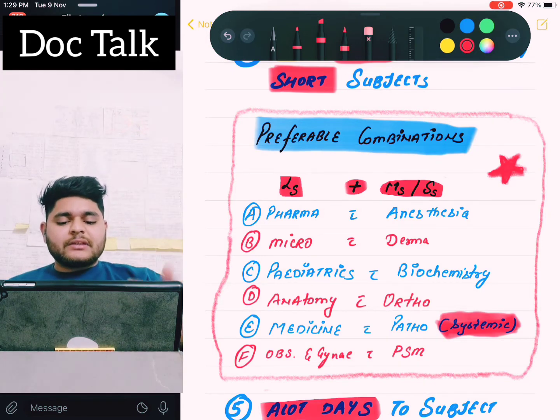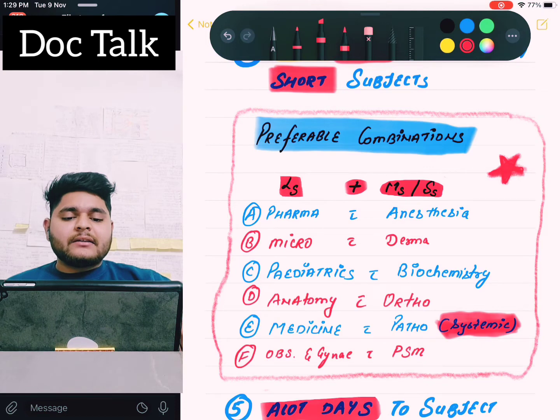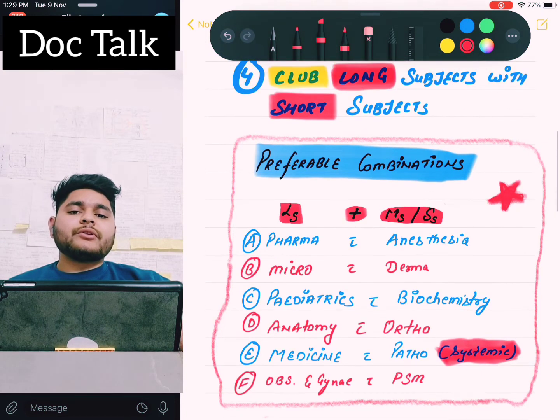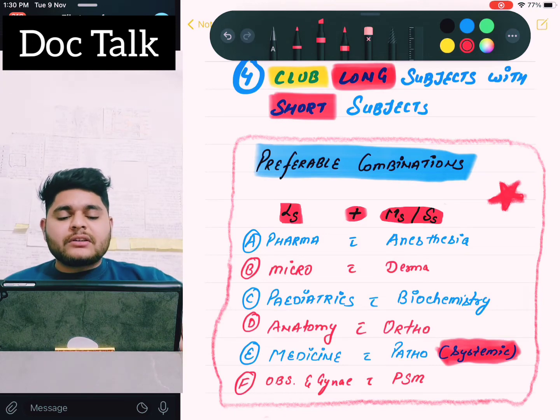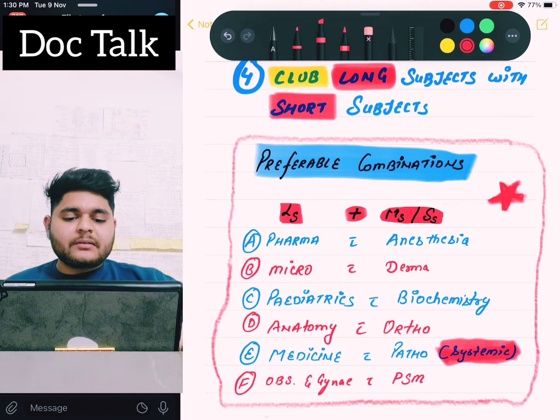So I have given some combinations. This is A, B, C, D, E, F, which is around 6 combinations. You can try it, and this is just a controversial combination. Again, it's all upon you if you want to try this one. I have actually tried all of these combinations, and I'll be making a video on the sequence of subjects you should start with. So these are some preferable combinations.